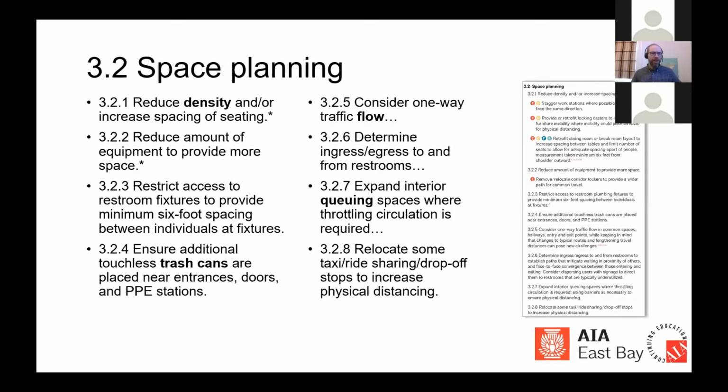So for space planning, something that's come up, pretty obvious for a lot of architects, is the density of the spaces, reducing the seating or the furniture layout. Also part of this, in space planning, there may be additional waste bins spread throughout.